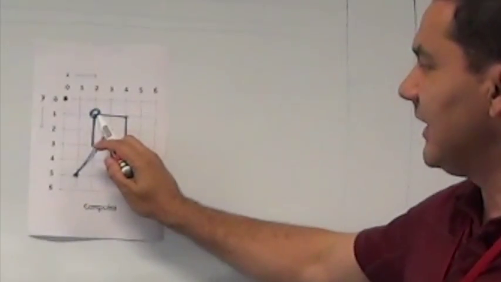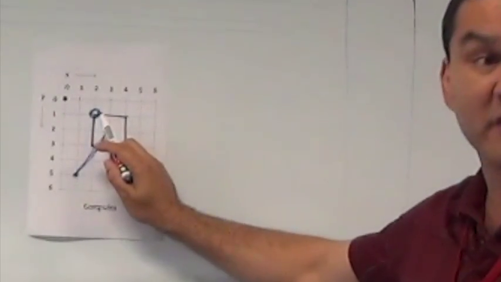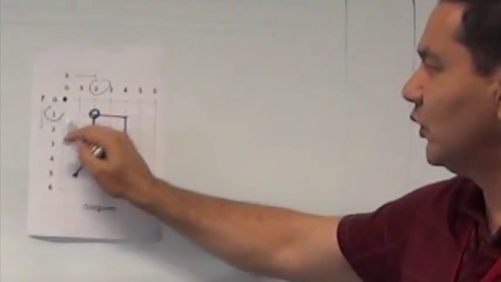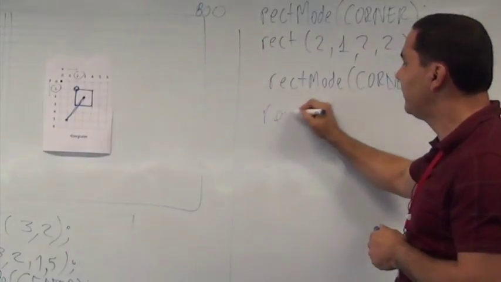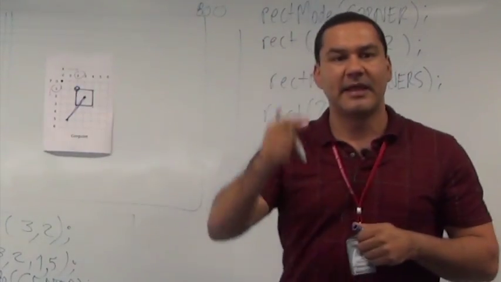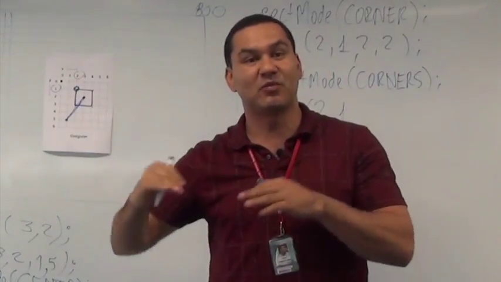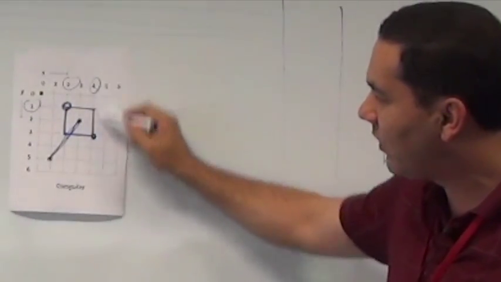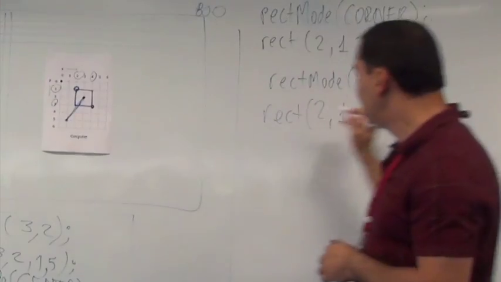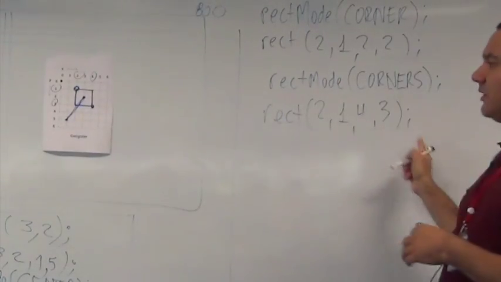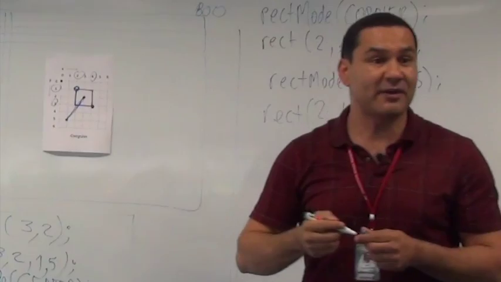You put the top left corner first, the exact location, which in this case would be 2, 1. So if I put rect 2, 1, that represents this point right here. And then you need to put the bottom right corner, which in this case would be this one here. This is 4, 3. So if I put 4, 3, this instruction will draw the same rectangle.